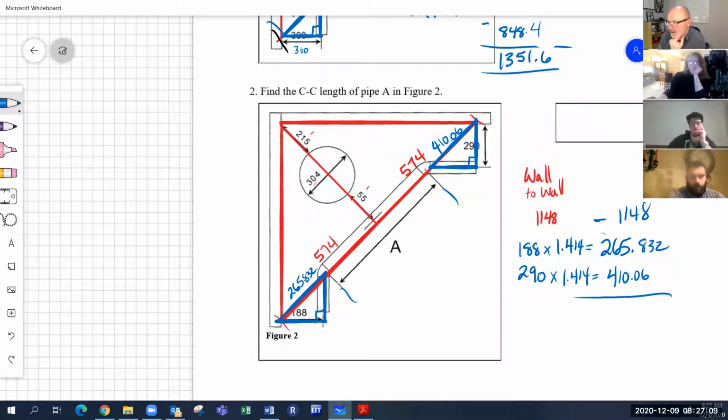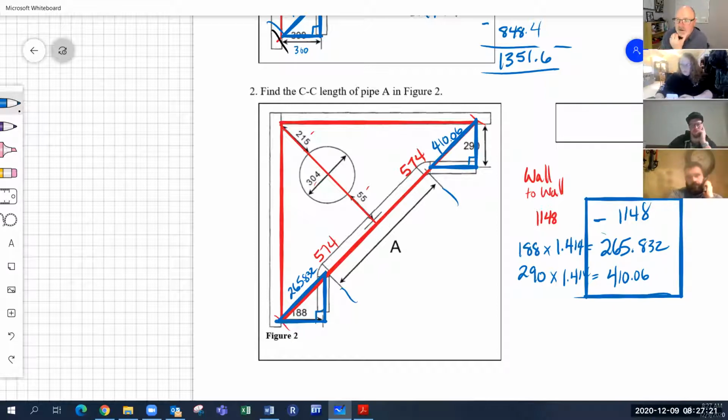Anybody? Bueller? What is this? 1148 minus 265. There you go. So that's 472.11. So pipe A is 472.11. Okay.